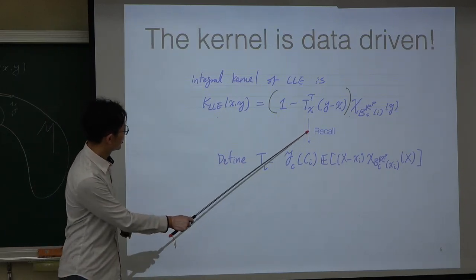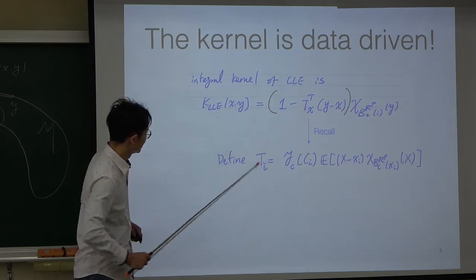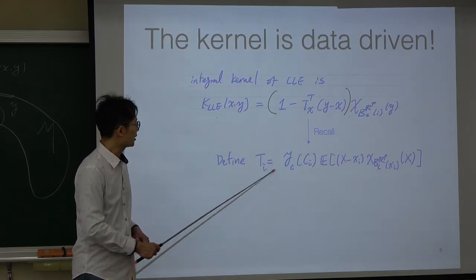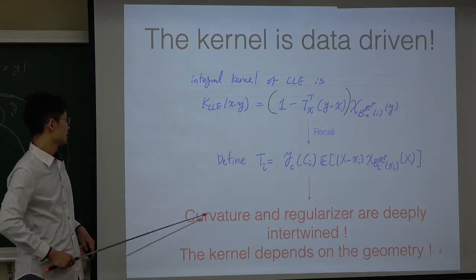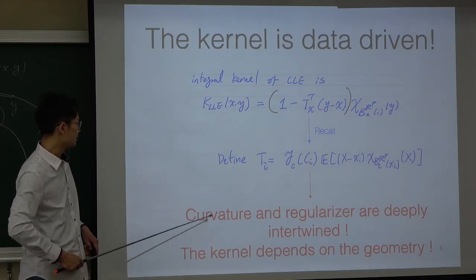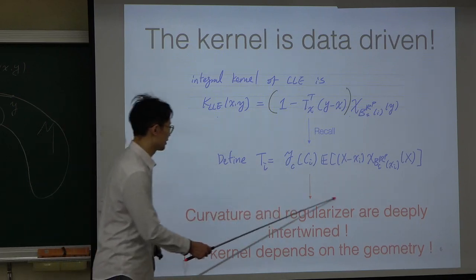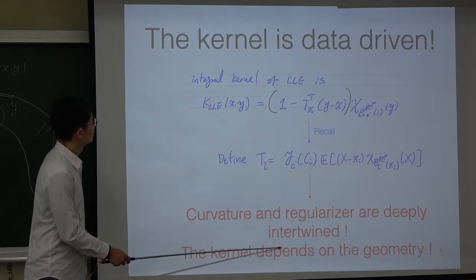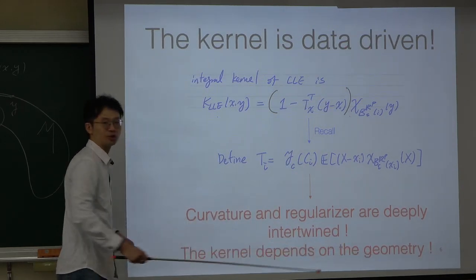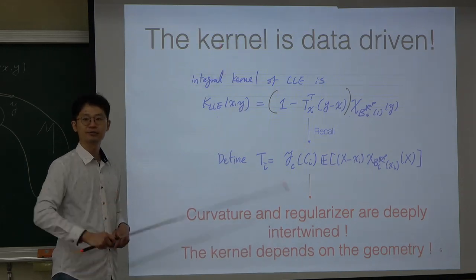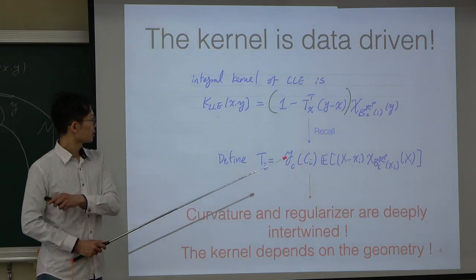If you recall, this kernel has this t_x, an augmented vector in a continuous setup, and this augmented vector captures the curvature, and it includes the interaction of curvature and the regularizer. So the kernel is actually data-driven and depends on the geometry. So that is what we have discussed, a very quick recall of the second lecture.